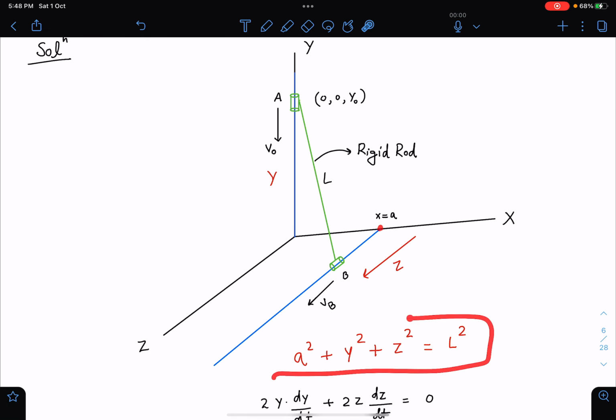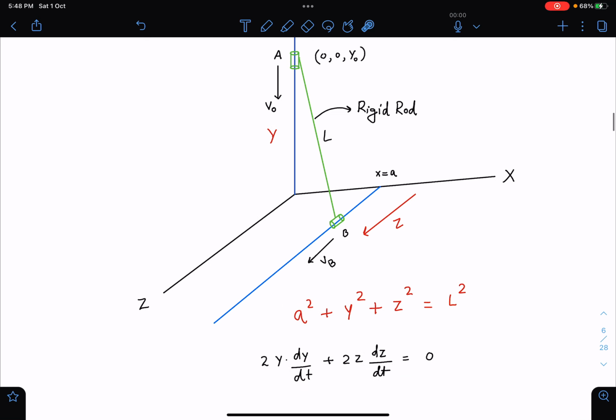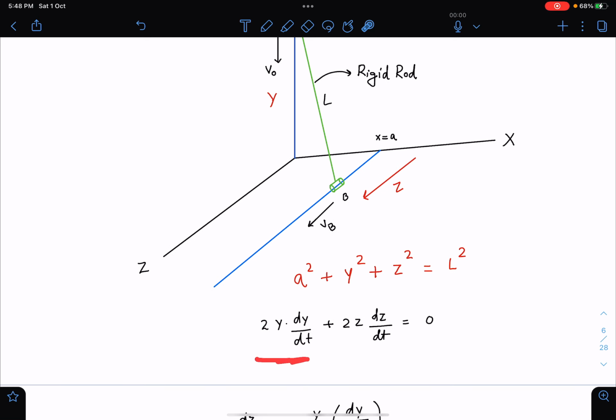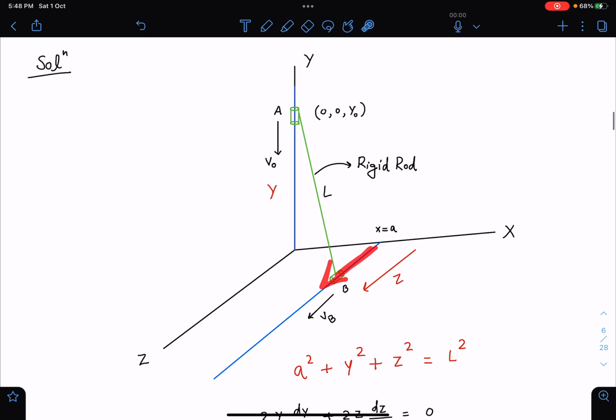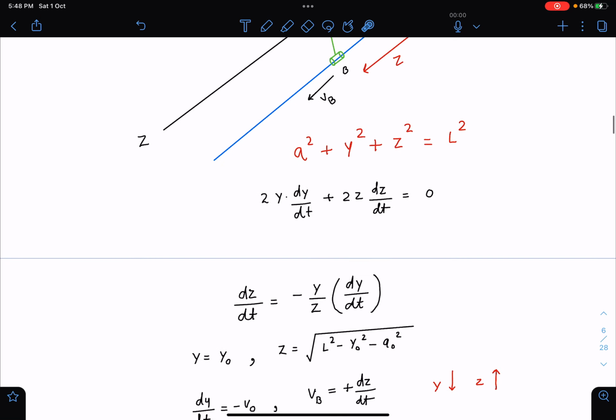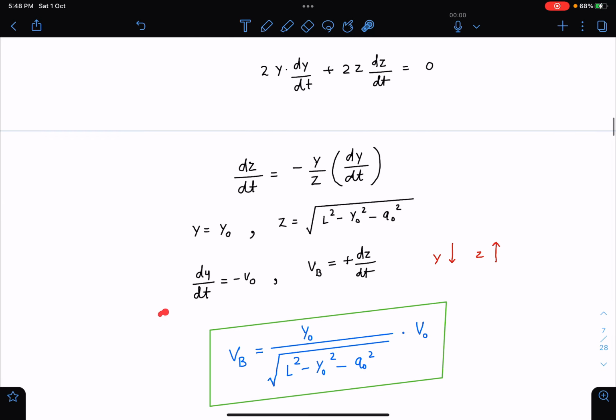So this relation we are going to get, and if I differentiate this, I'll be getting Y dy by dt and Z dz by dt. Dz by dt here I'm writing as VB, and dy by dt is minus of V naught. So if I substitute these values here, because I'm getting dz by dt is equal to minus y by z dy by dt.